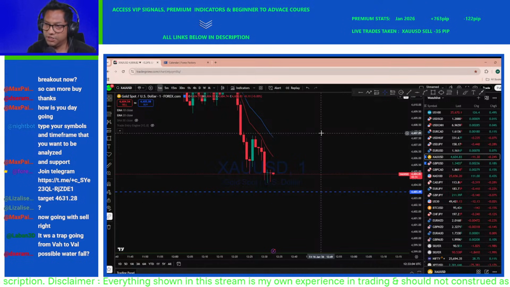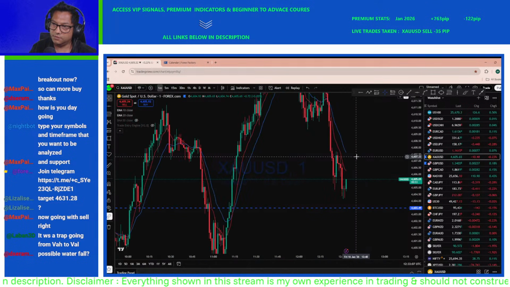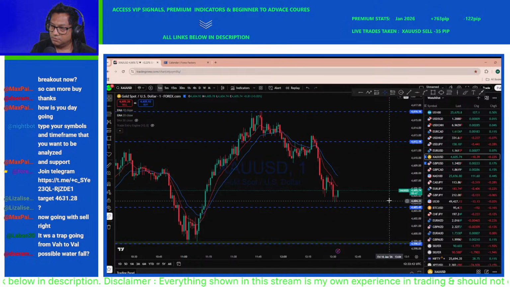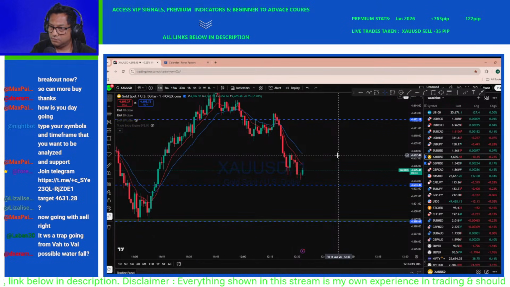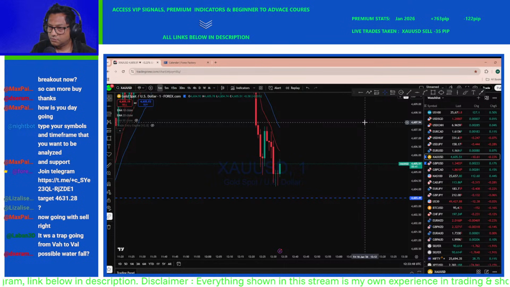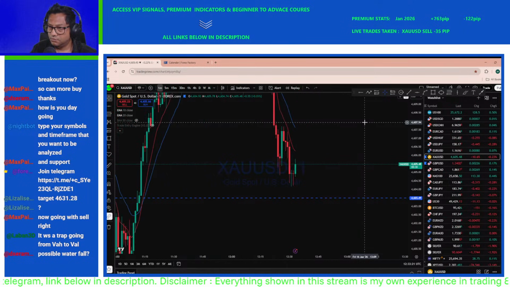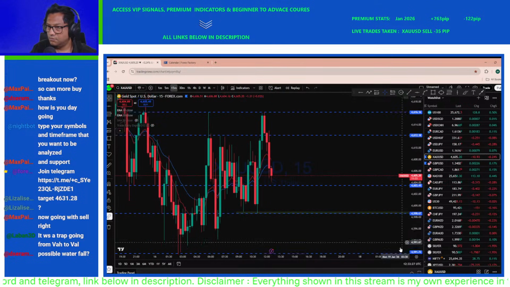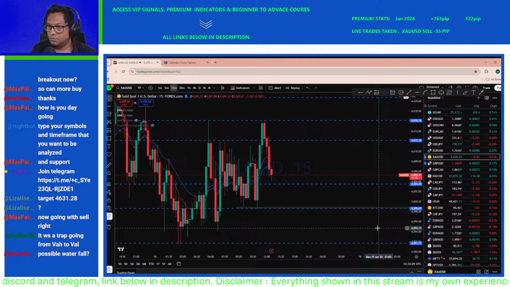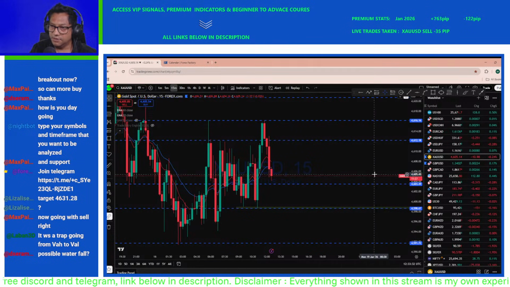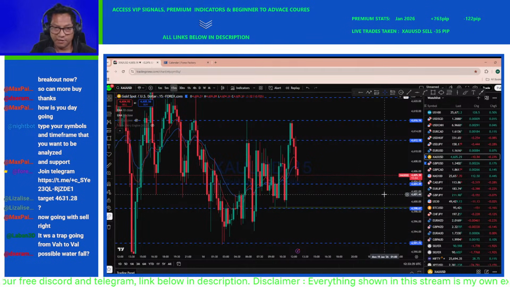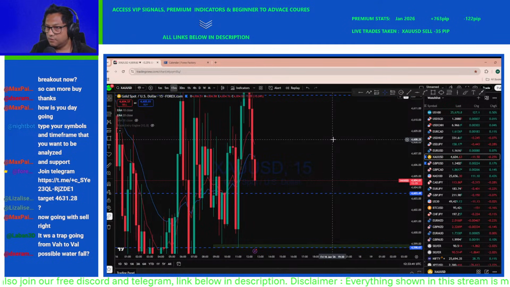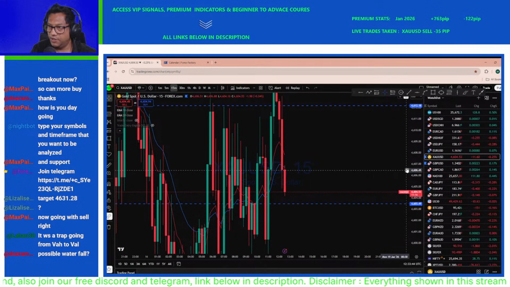Two double doji here. Now there is a bullish fair value gap if you look at that area, and that bullish fair value gap could be filled.